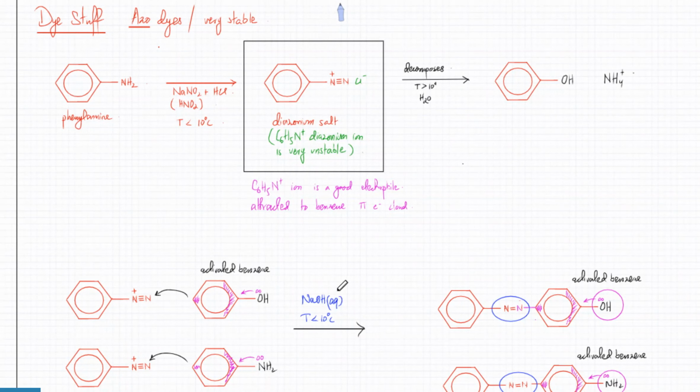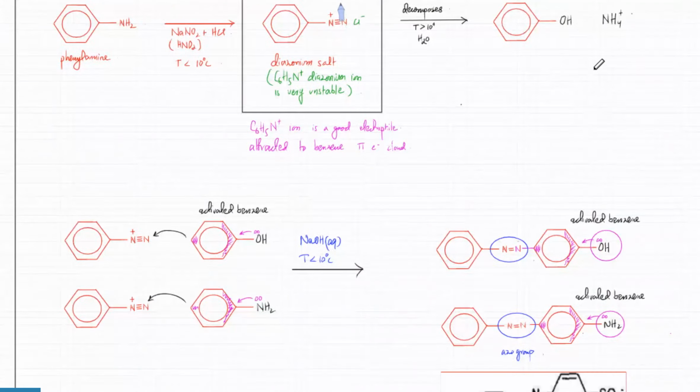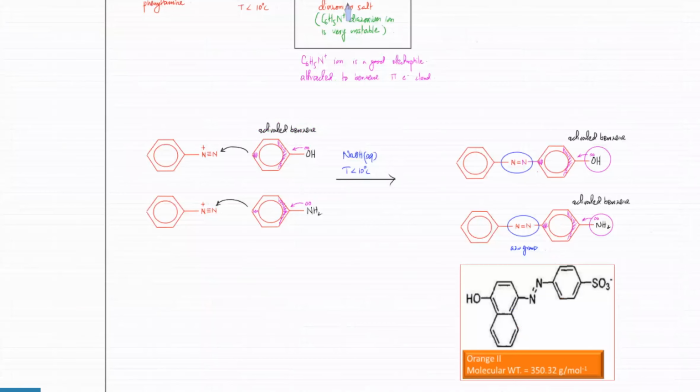And the conditions are given. The temperature has to be kept at less than 10, otherwise the diazonium ion would decompose. It would turn into a phenol. That's about it. So let's try and do a couple of questions related to this.